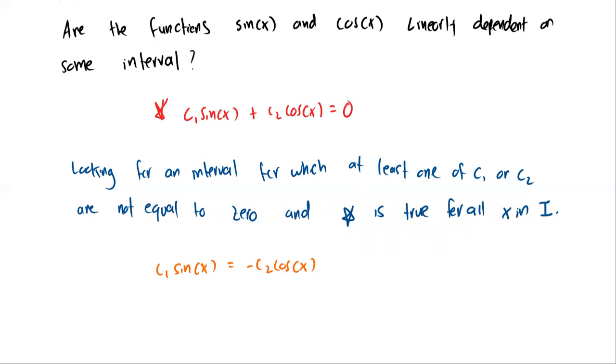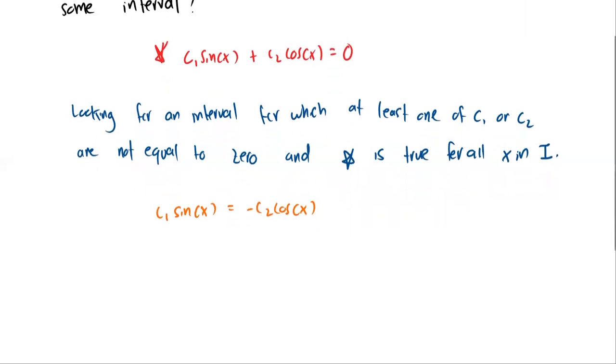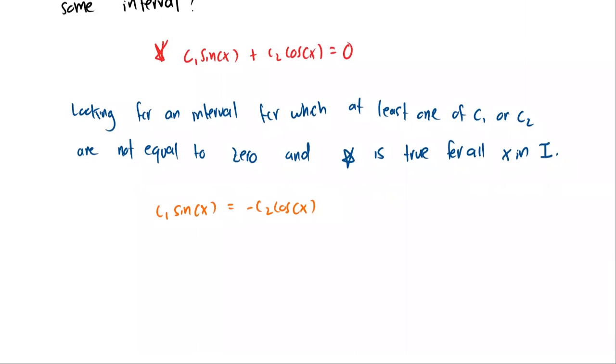Well, let's say that it were true. Let's say that these functions were actually linearly dependent. So what we're going to do here is pretty nice. It's called proof by contradiction. You assume the opposite of what you're trying to show, and if that leads to a contradiction, then whatever that thing was can't be true. So it's easier to see in practice.